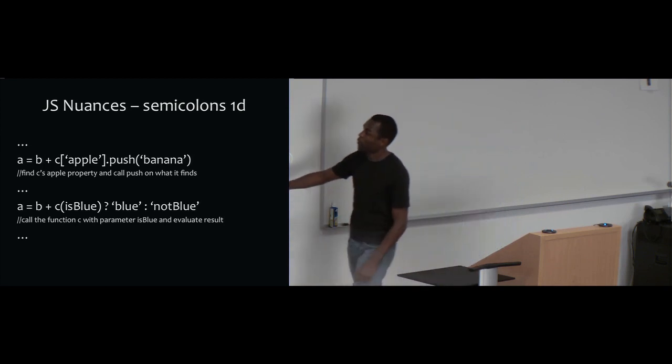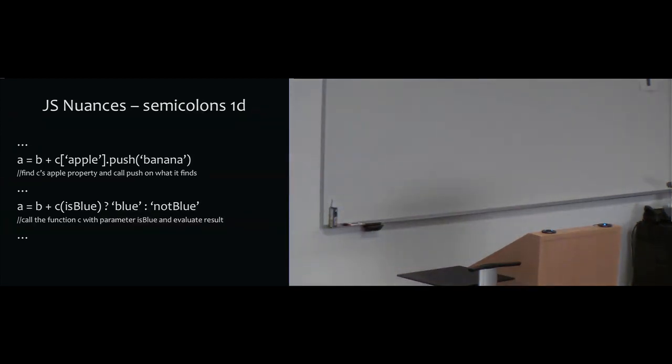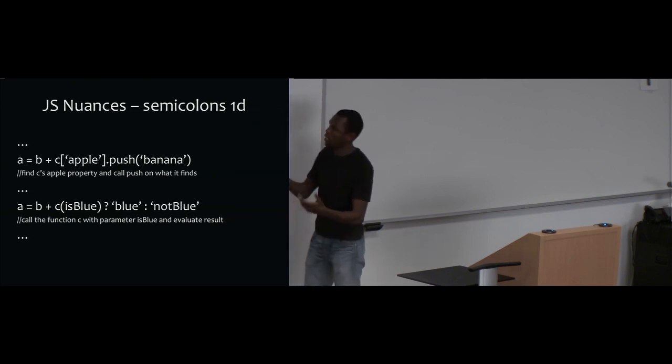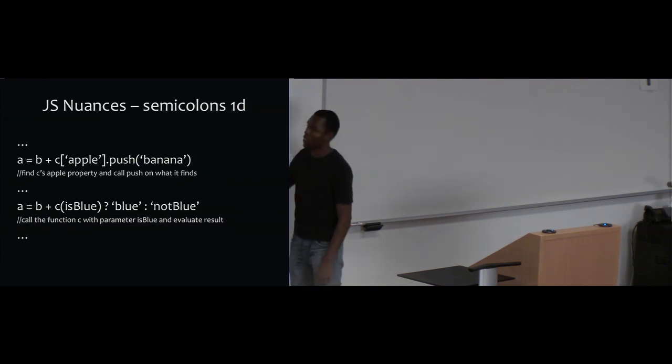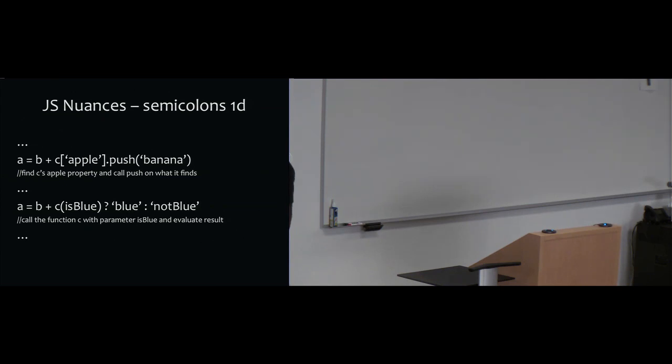So it'll append those two and say, well, C, does it have a property named Apple? And then it'll just blindly call the push on it, so that more than likely will return an error. Same with this one.